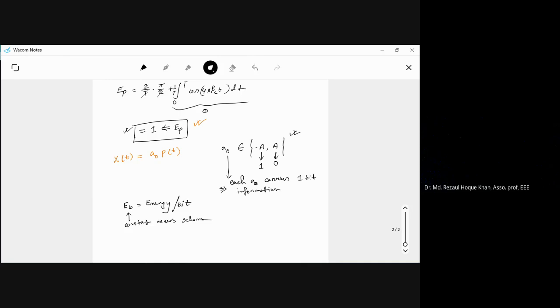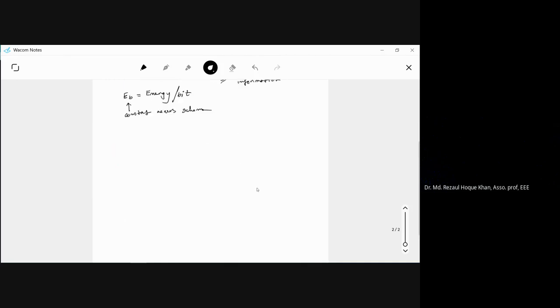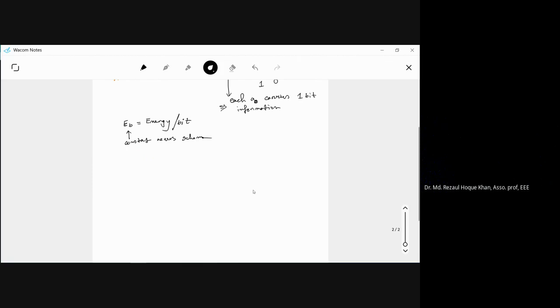Now, what was the information we are trying to transmit? We're trying to transmit two values, either 0 or 1. This is our information bit. Remember, we also saw earlier that bit 0 occurs with probability half, and 1 also occurs with probability half.